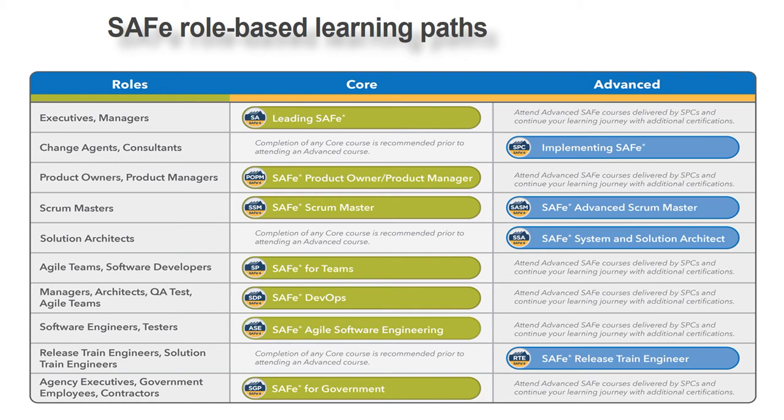So a lot of certifications out there that one can take from a scaled agile perspective. It's always recommended to undergo a certification if you are going to work on a scaled agile project. This will help one determine what certifications one can take.